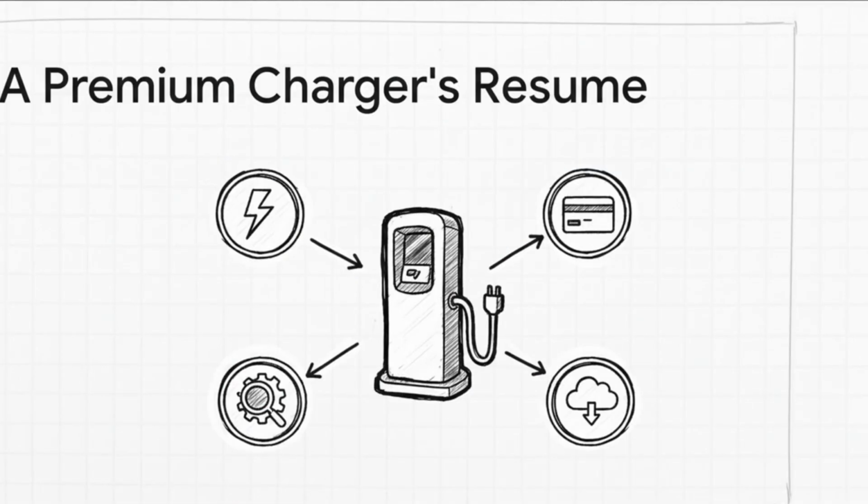It just signs more contracts. You can think of this premium charger's list of interfaces as its resume. It clearly lists out all its skills. Our system can just glance at it and know, yep, this one can charge, it can handle payments, it can do diagnostics, all of it. It's like you're building a device out of a menu of different capabilities.